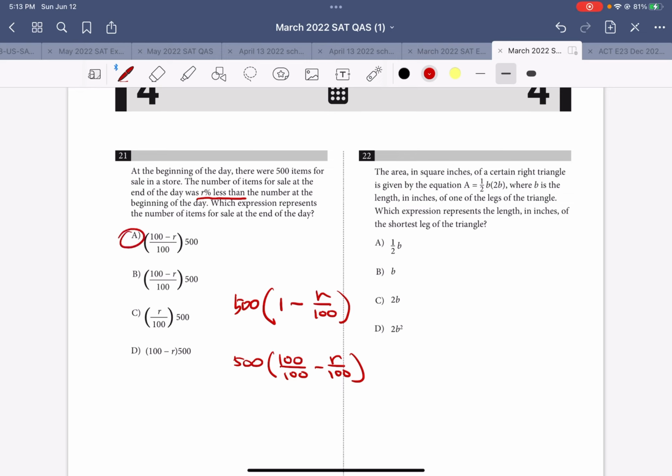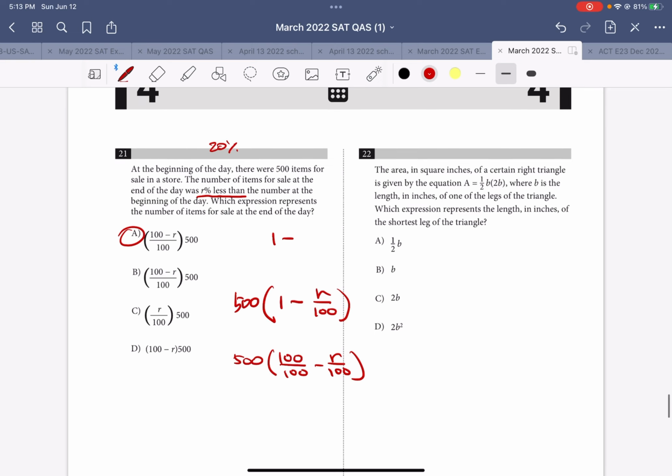The answer is A. Let's say it is 20% less than in the beginning, then 1 minus 0.2. 0.2 is 20 over 100. If it's 20% more than, then 1 plus 0.2. You can think of it that way.